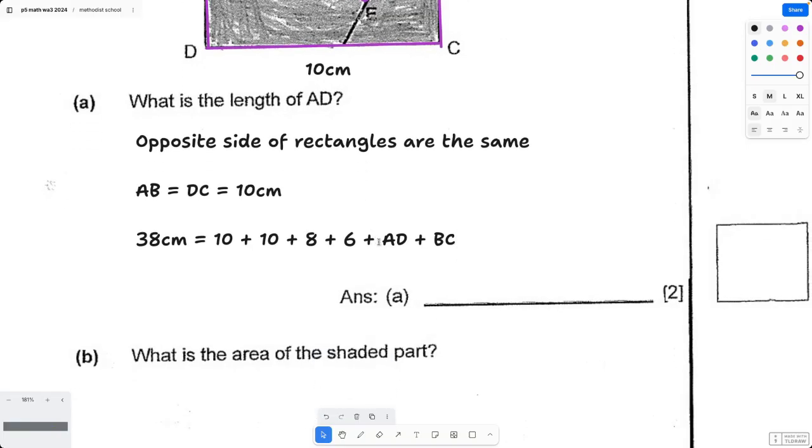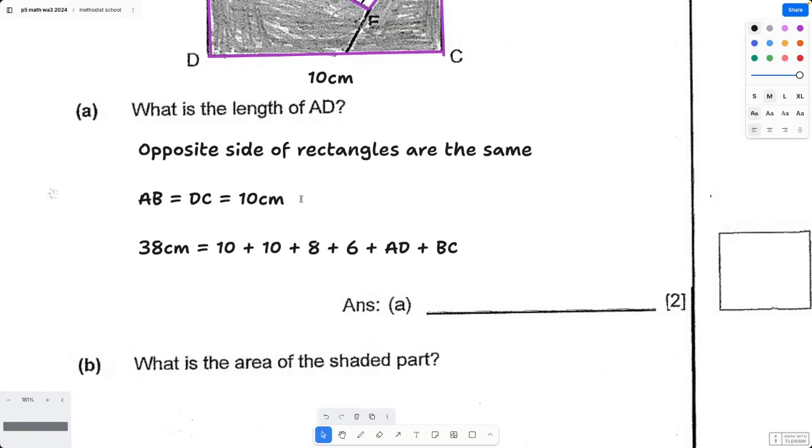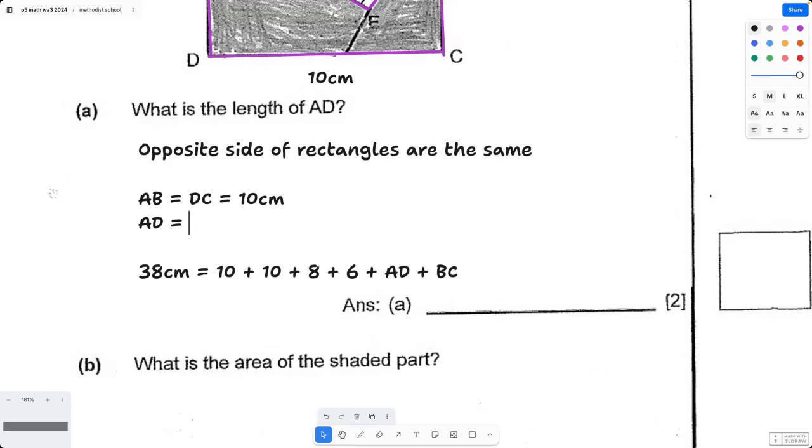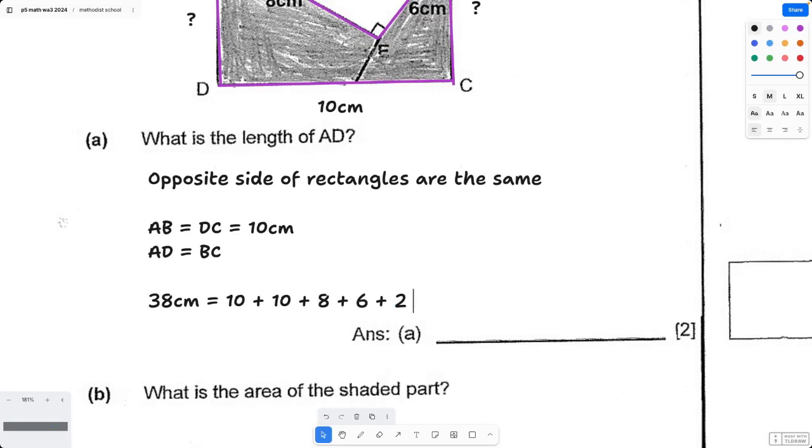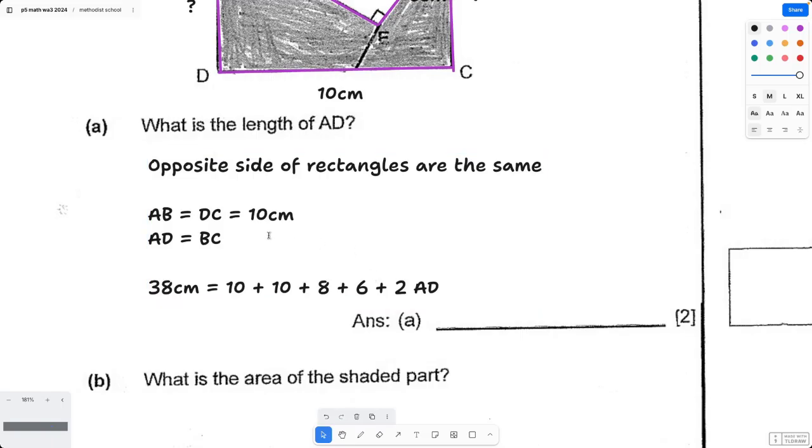So in a way, we can say AD is equal to BC, right? So this is basically two breadths, so we just times 2 AD. Okay, so with this, we can say 2 AD is equal to everything here.